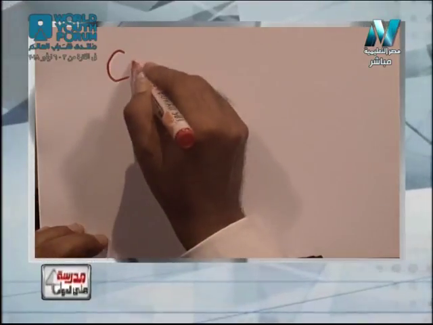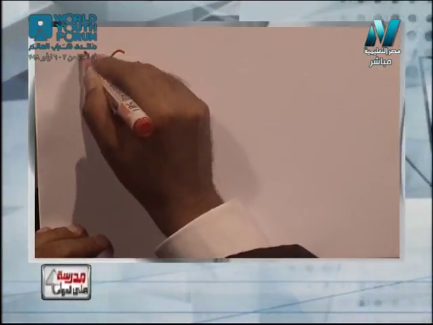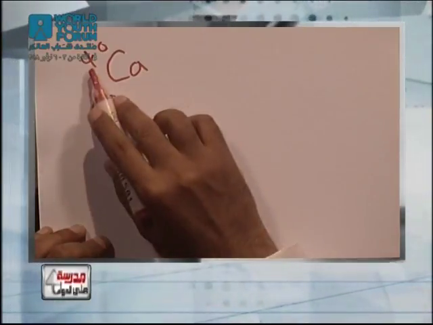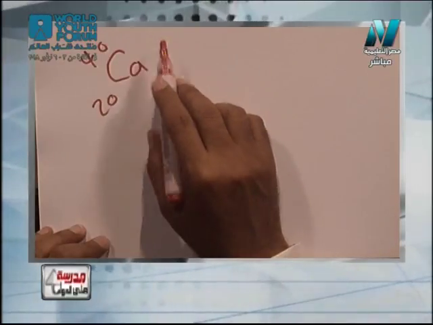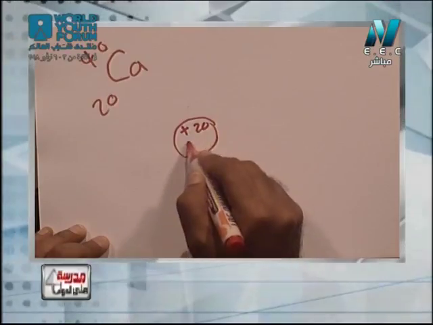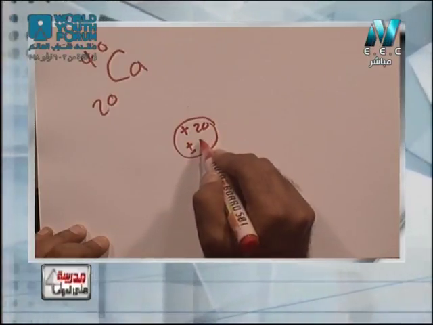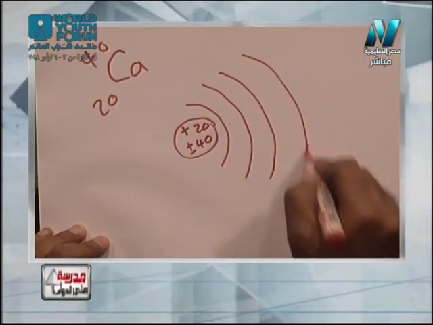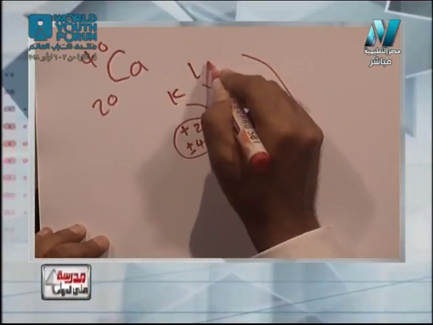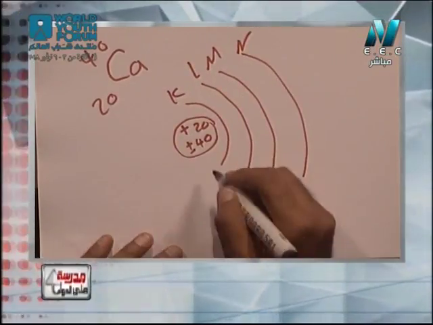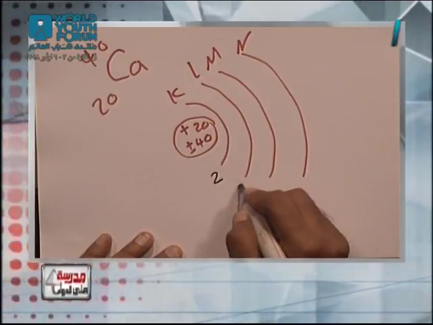Number 2, calcium. Calcium 20, 40. What's meant by 20? 20 means the number of protons. 40 is the number of protons plus the number of neutrons. So 20 and here 40. K, L, M, N. K saturated by 2, L saturated by 8.